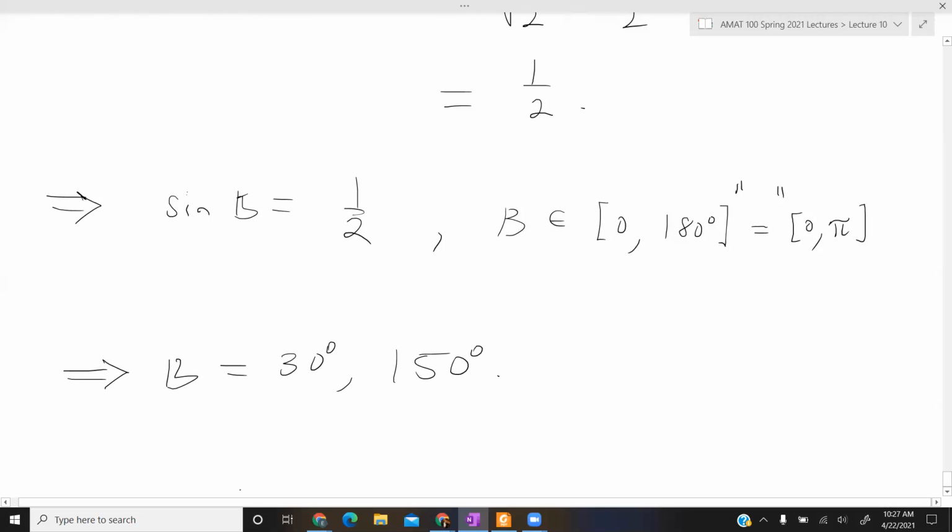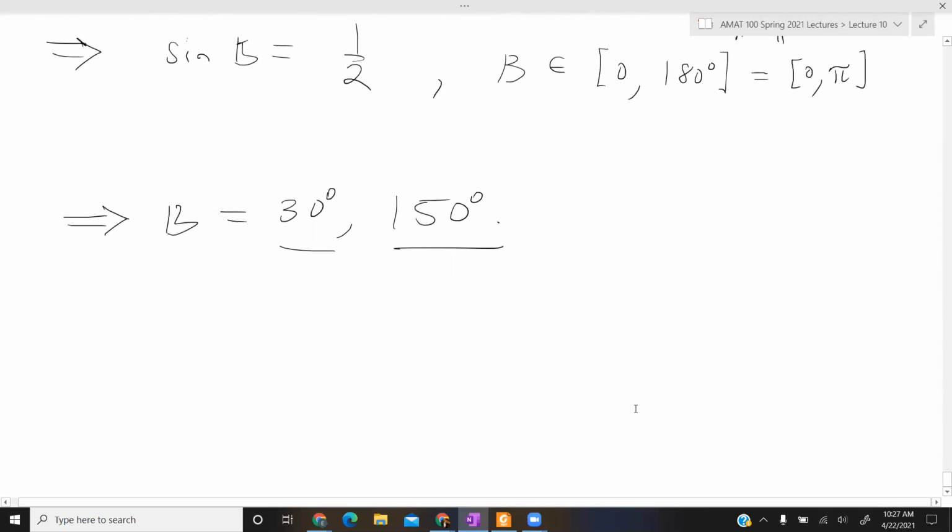So at this point, it seems like there could be 2 triangles. One triangle where that angle B is 30 degrees, or one triangle where that angle B is equal to 150 degrees. But now we're going to use that nifty fact about the sum of the 3 angles being 180 degrees.